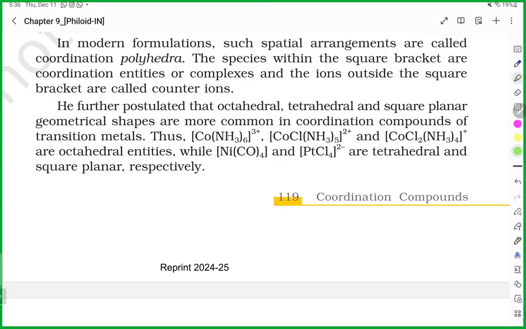Primary is ionizable and gives oxidation state. Coordination metal has two types of linkage or valency, primary and secondary. Correct? Coordination metal has two types of valency, according to Werner, right? Yes, sir. Yeah, that was the first one. Next.